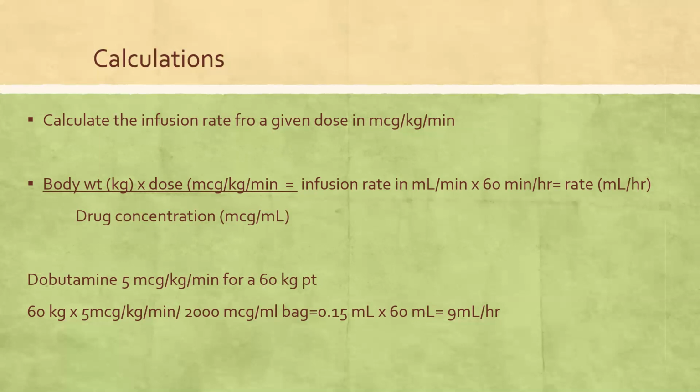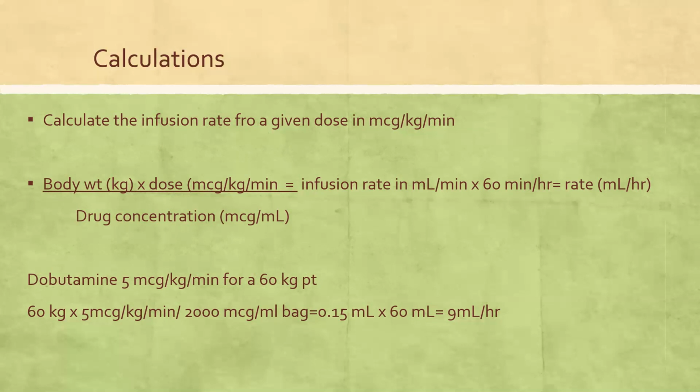So that equals 0.15 mils per minute. Sorry, the notation is wrong. It's 0.15 mils per minute times 60 minutes per hour equals 9 mils per hour.